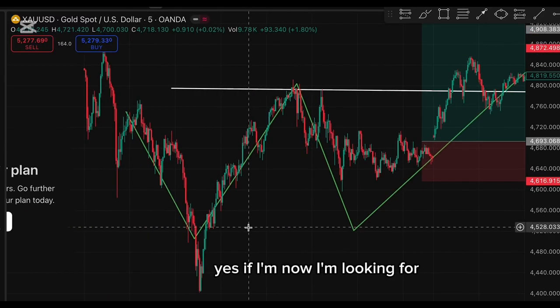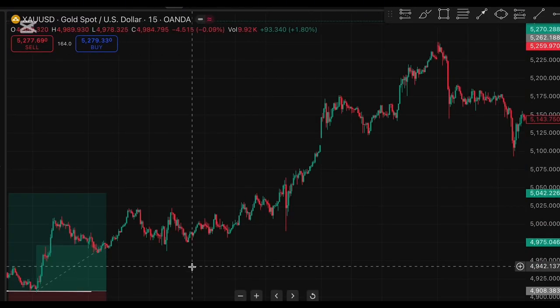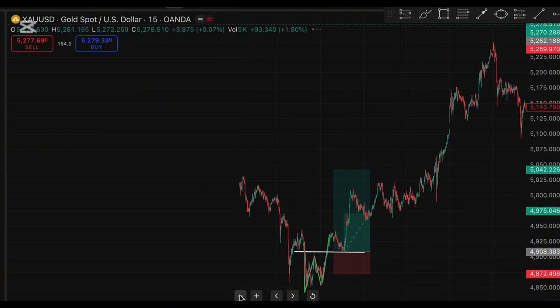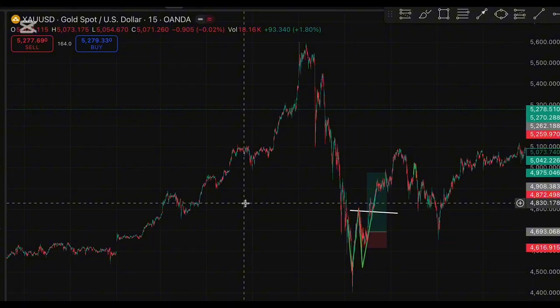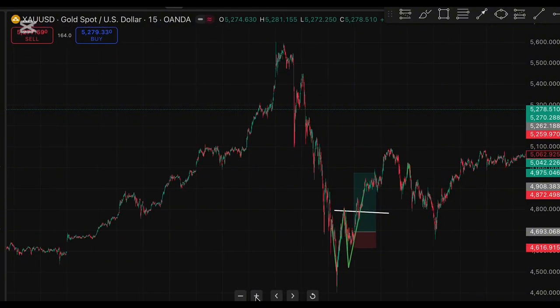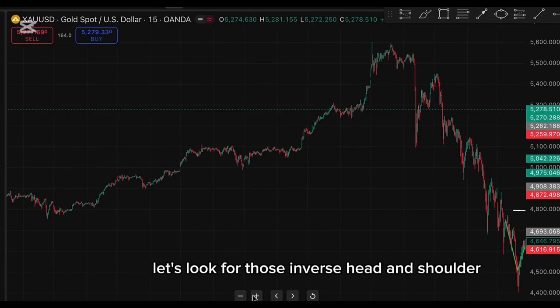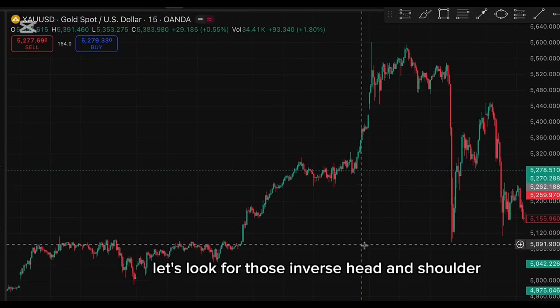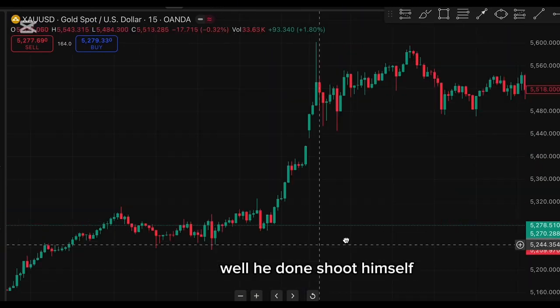Let's see if I'm looking for head and shoulder. Let's look for those inverse head and shoulder, or head and shoulder itself.